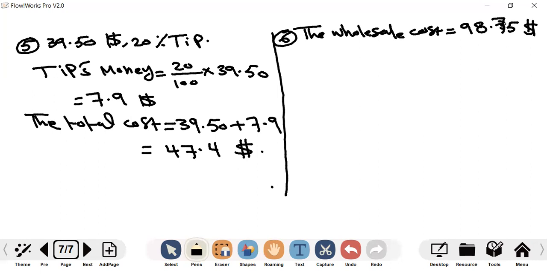Look, wait. This is the wholesale cost, okay? You know the wholesale cost, what is it? Good. The original cost, before it will be sold to the customer, okay? Continue.